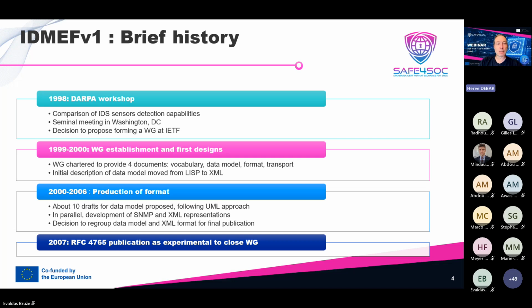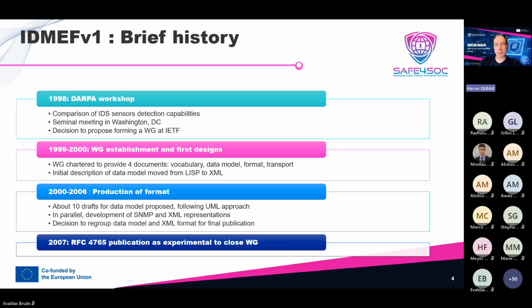There were some discussions as to what could be done, but it took a significant amount of time to produce the format. There were about 10 drafts of the format proposed, with different adjustment points related to how should we represent various kinds of data. And this was done using a UML-like class design.